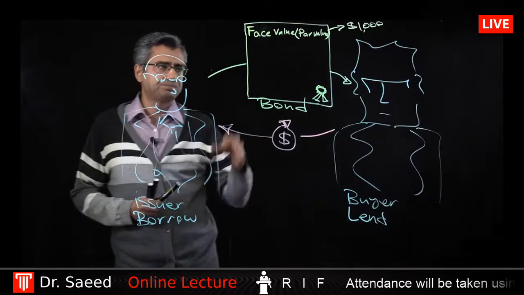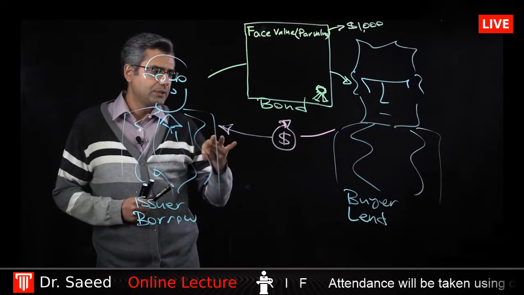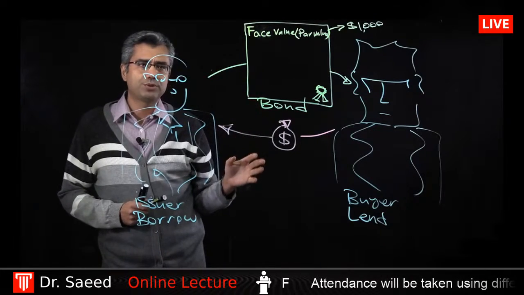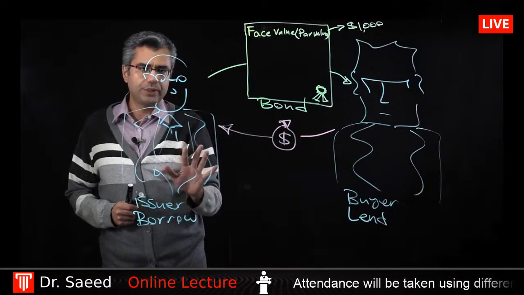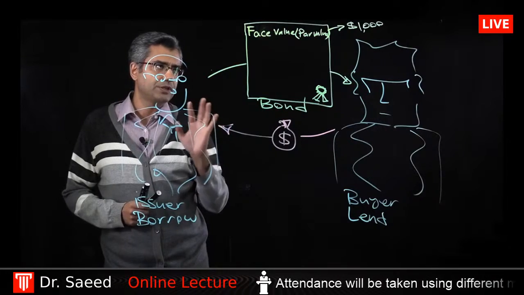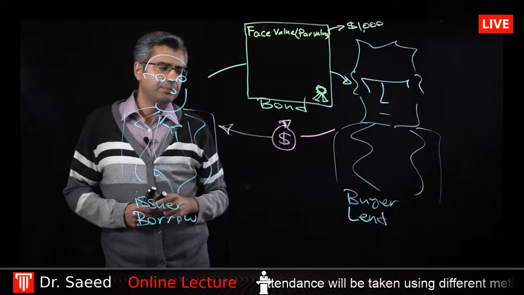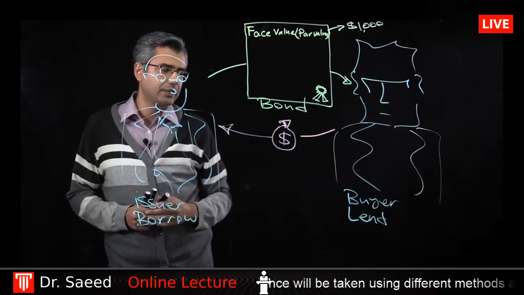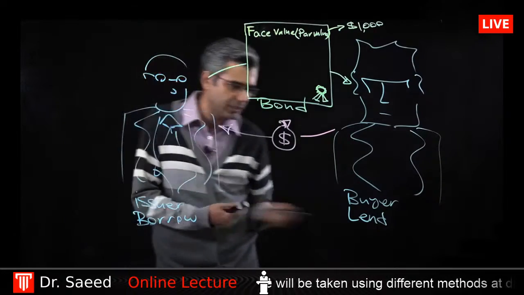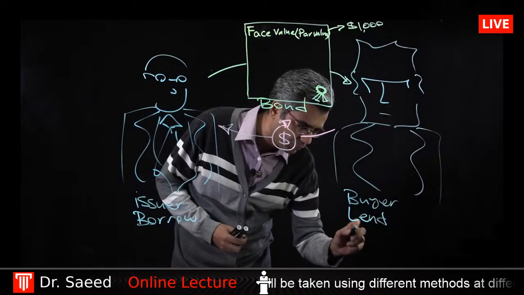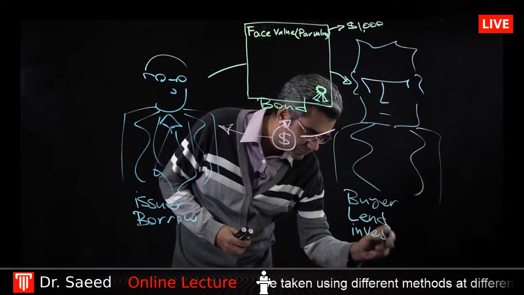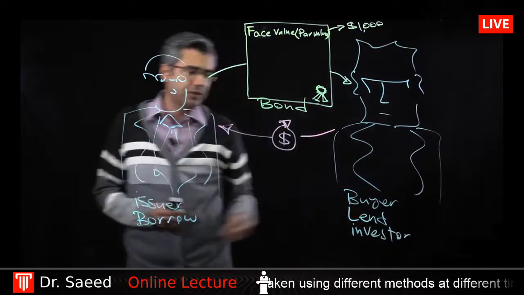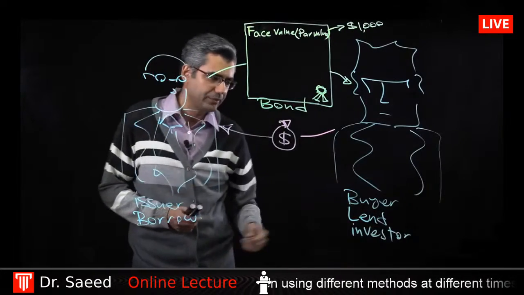This means that at the end of the maturity, the issuer or borrower needs to pay to the investor $1,000. Here I add one more thing: investors, who lend money, right?